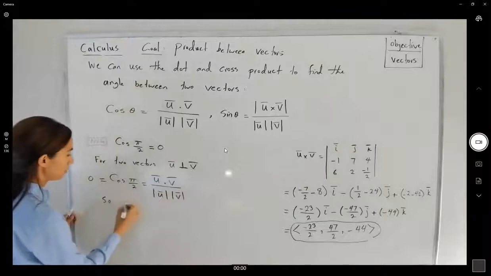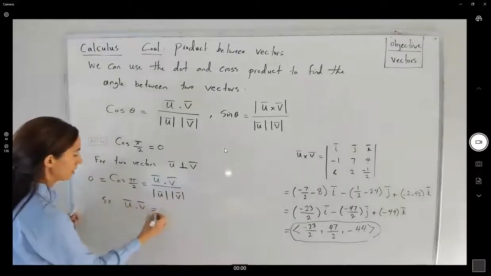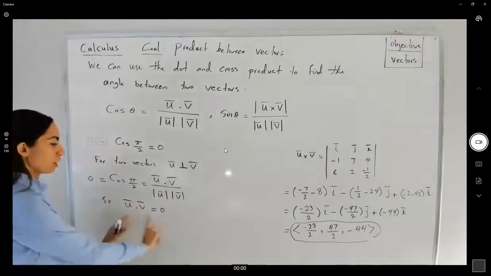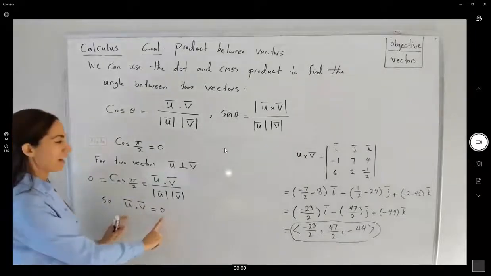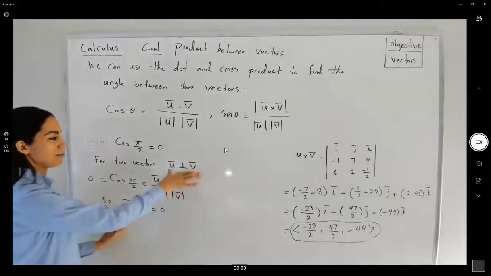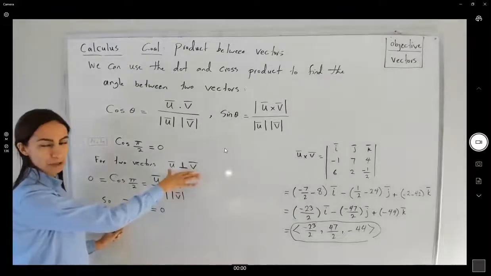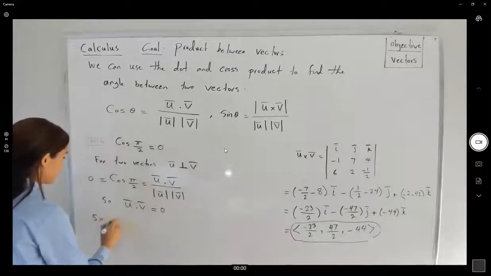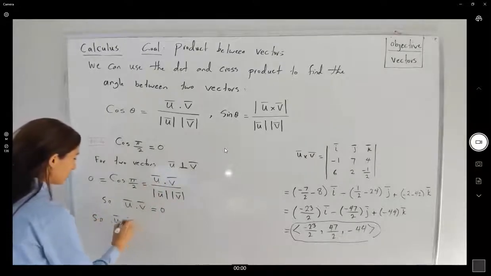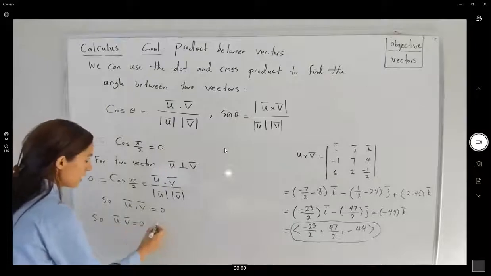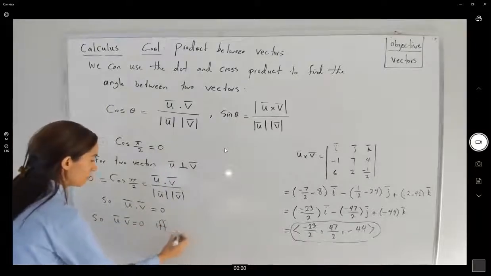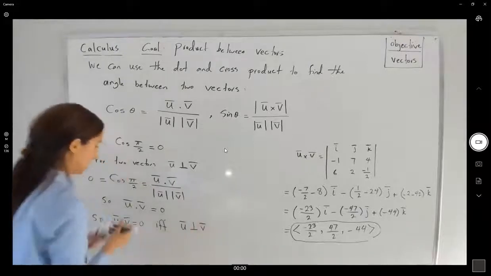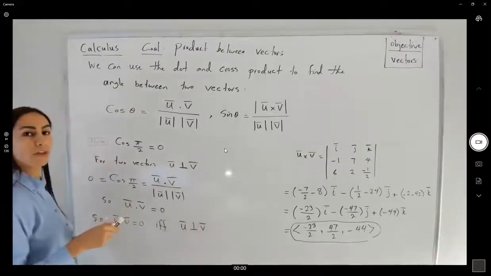So u dot v is equal to 0. The dot product is 0 if and only if the vectors are perpendicular to each other. So u dot v is 0 if and only if u is perpendicular to v. They are orthogonal to each other.